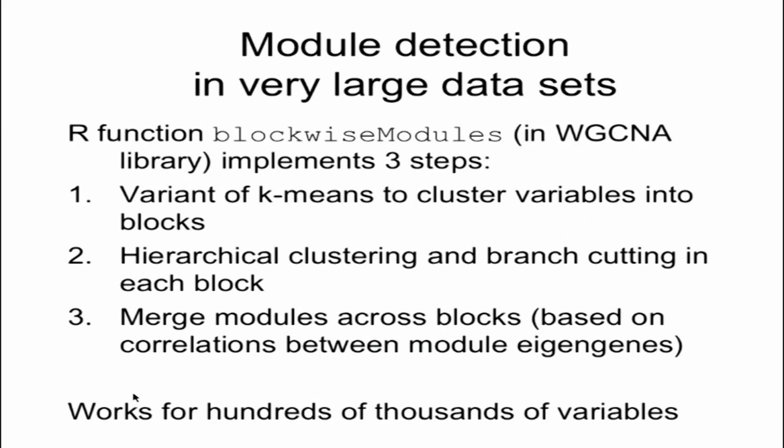Now, let me come to another important topic, which is module detection in very large data sets. What is a large data set? For example, 500,000 variables. And where do we encounter it?